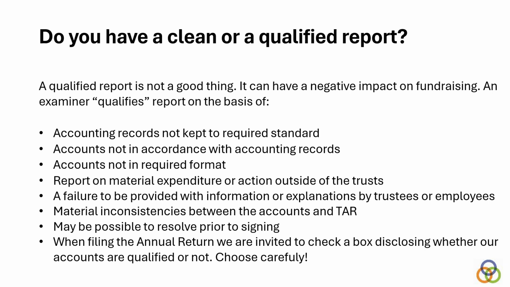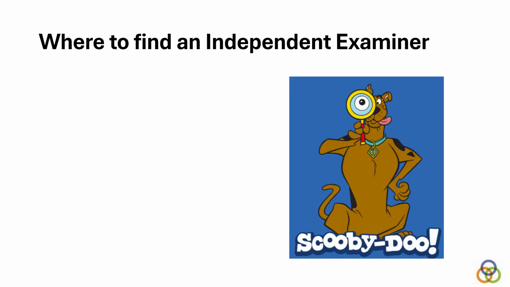But we now know that a qualified report is not a good thing. And so if our accounts have not been qualified, if we have a clean audit report, we do not check that box. And if you're in any way uncertain, just check with your independent examiner or accountant. And if you have checked it by mistake and your accounts are fine, but you said they're not fine, then phone the Charity Commission and they will uncheck it for you.